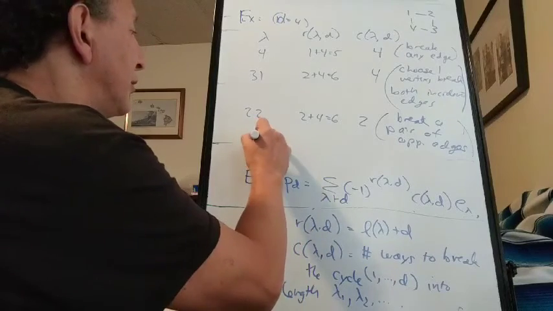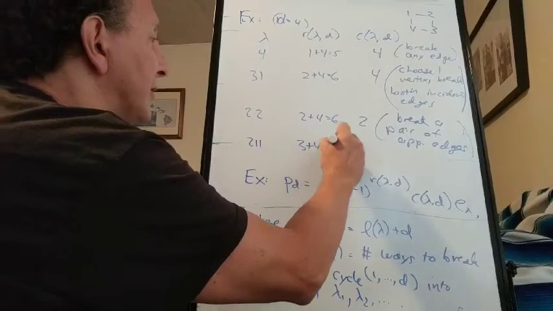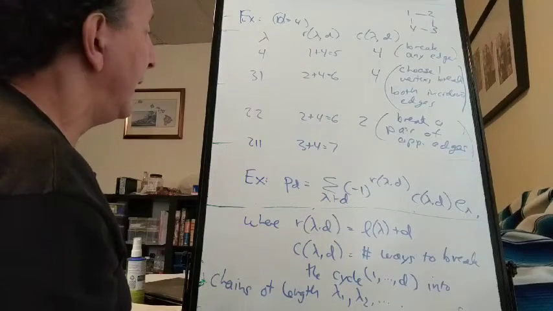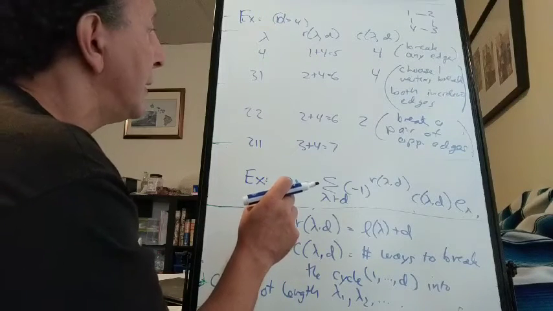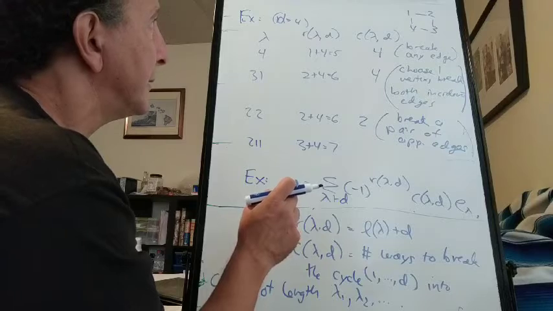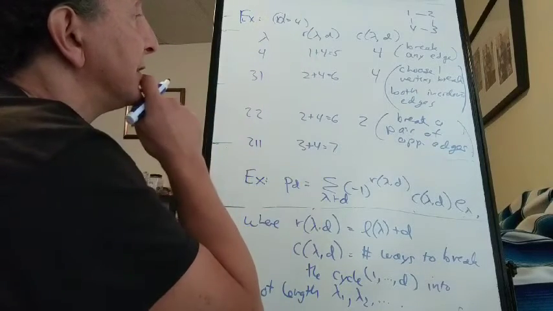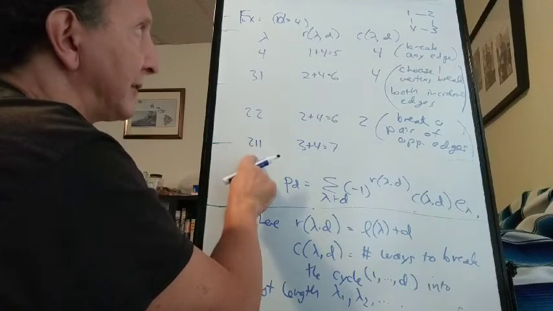Then for the partition 2, 1, 1, we've got 3 parts. 3 plus 4 equals 7. And then we want to pick, well, I guess we could pick one edge not to break.